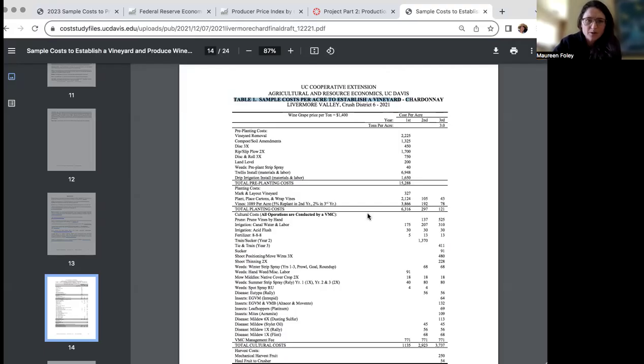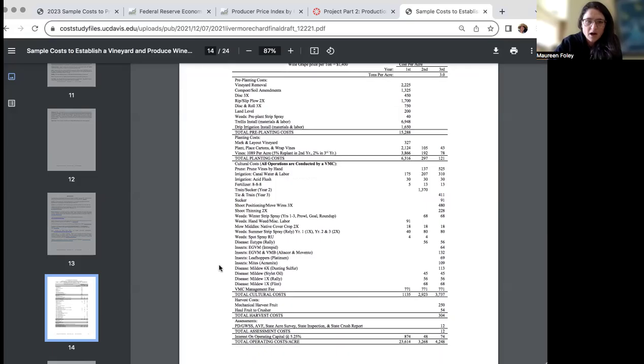I'd like to know your total establishment costs. This is broken down into, let's see, this section here is total pre-planting cost. So all of the groundwork that goes into preparing your fields to be planted out with your crop. And then we have total planting costs. So what it costs to actually put those trees or those vines in the ground.